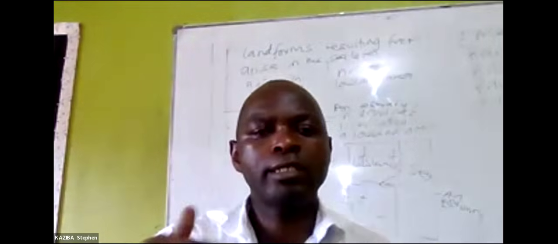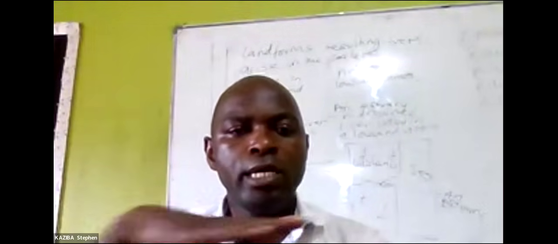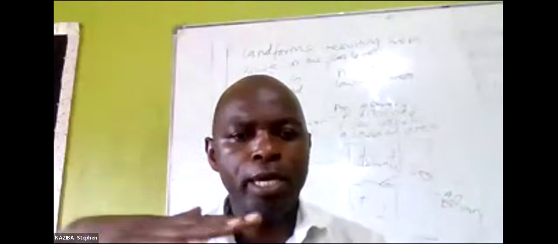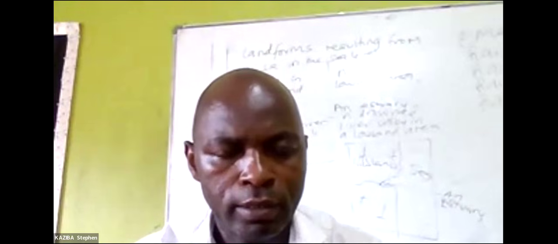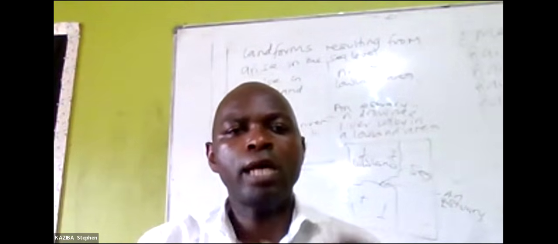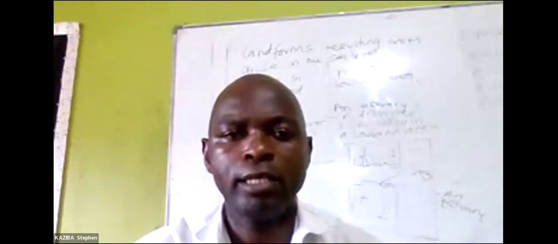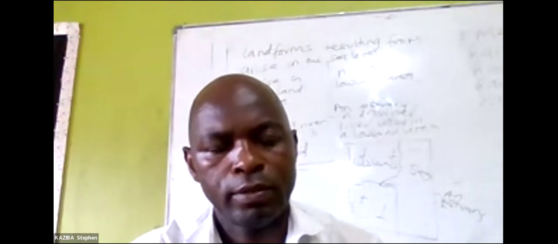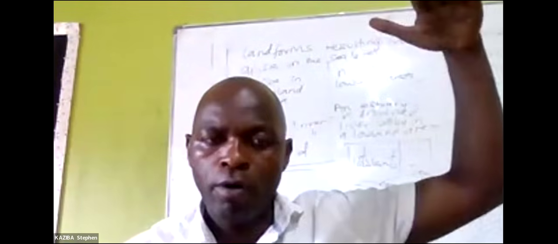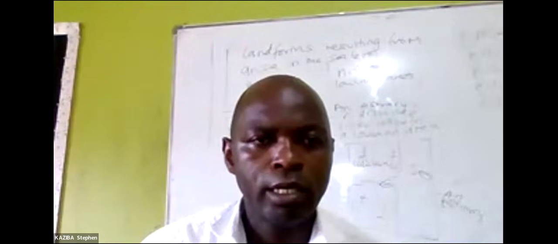And these layers are subdivided into A, B, C, D. And these layers can be differentiated by their colors and texture.